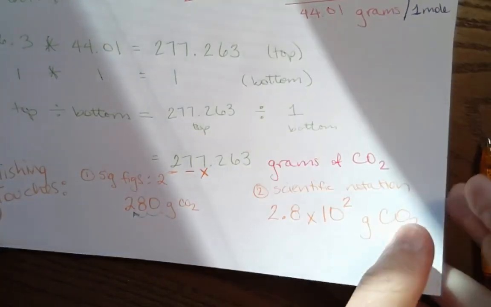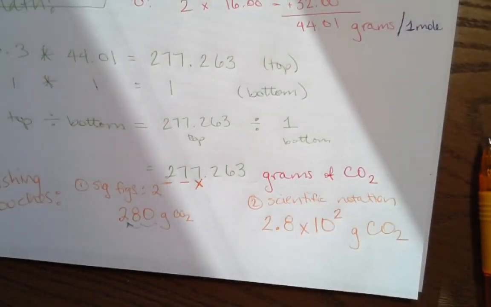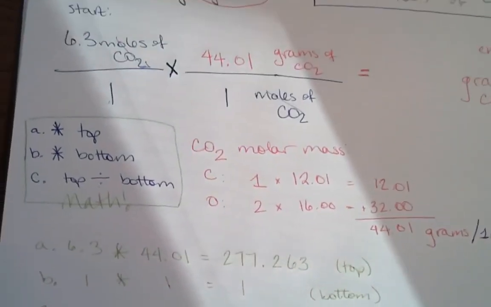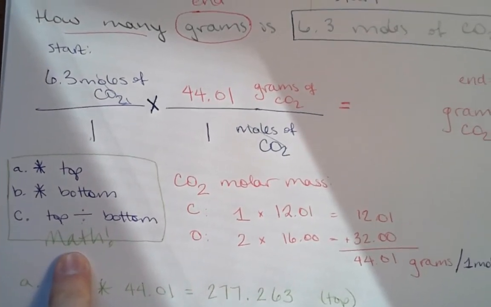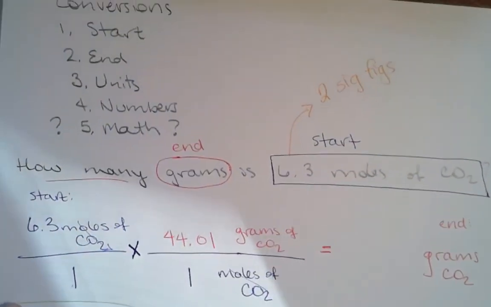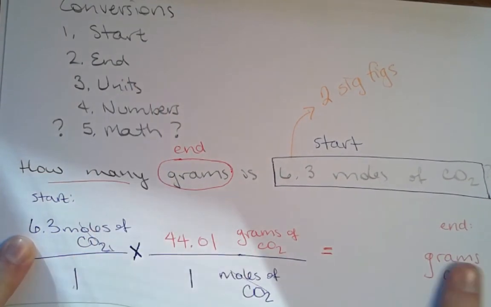I want to give you a second example so that you let me know if you have other questions. I think the primary point of this video was this math step right here. Again, every single time, start with the start, put the starting stuff in the start spot, put the ending stuff in the end spot, do the units all the way across.